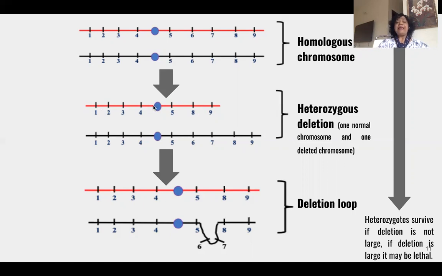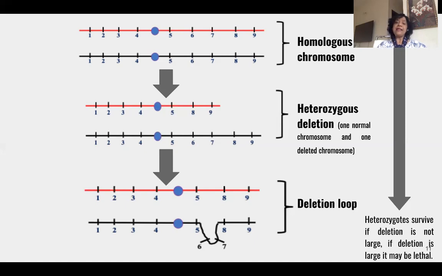You can see in this line, the chromosome has gene 1, 2, 3, 4, centromere 5, and then 8 and 9. So students, what is lost? Where is a segment lost? Yes, a segment is lost, and it carries the genes 6 and 7.